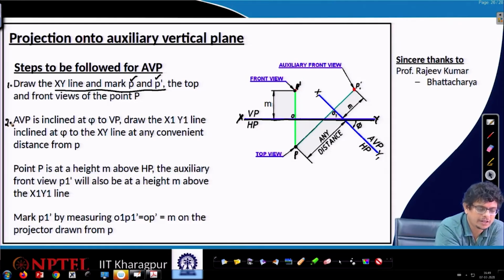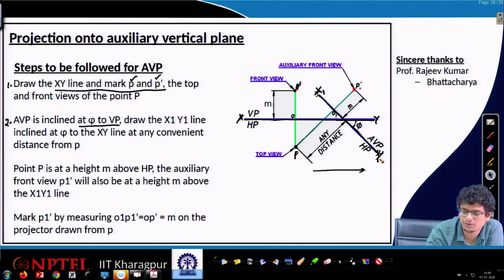Then second, the auxiliary vertical plane is inclined at phi angle to VP. So, already we know the XY axis, P and P prime are noted down, give some distance, and draw a line x1 y1, but it is supposed to make an angle phi with respect to our vertical plane.